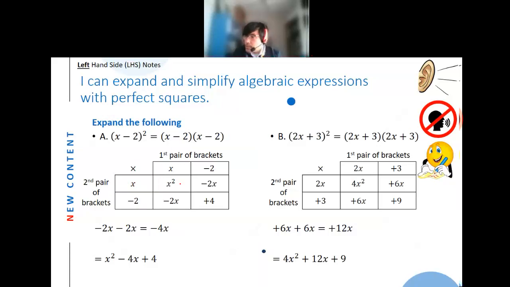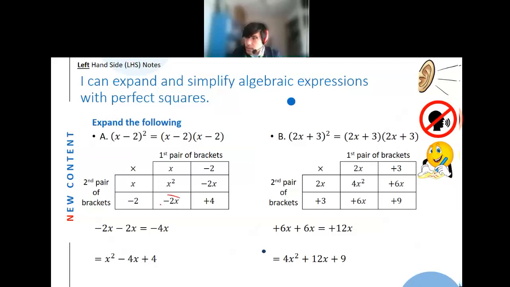Then we just multiply them, just like expanding double brackets. x times x is x squared. x times negative 2 is negative 2x. Negative 2 times x is negative 2x. Negative 2 times negative 2 is, well, a negative and a negative gives you a positive, and 2 times 2 is 4, so we have plus 4 here.